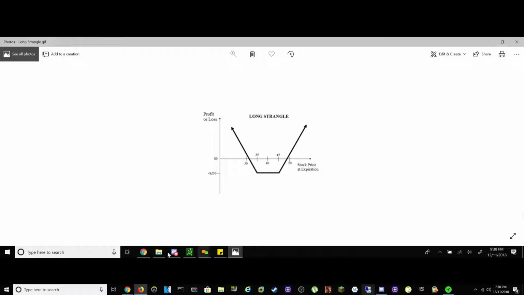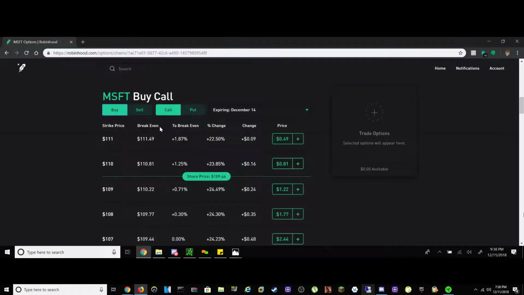So say I buy a put, I'll even give you a real world example. If I buy a call at 109, but I also buy a put at a different strike price.